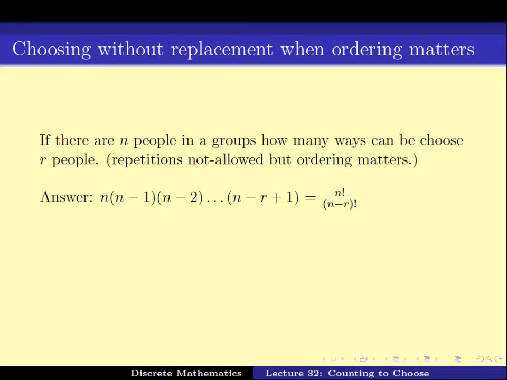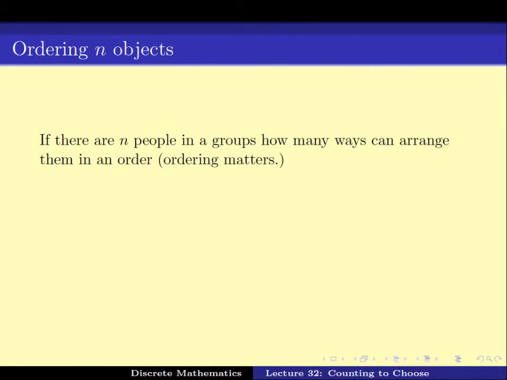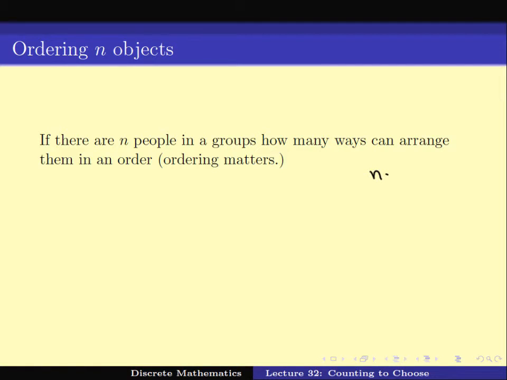Now there is a special case of this. Namely, if I give you n people in a group and ask you to arrange them in an order, where order matters, what am I asking? Can you choose n people from this group of n people? How many ways can you do it? The first one, I can pick any one of the n people. The second one, I can pick any one of the rest of them, and it goes on till I have no one left to pick.